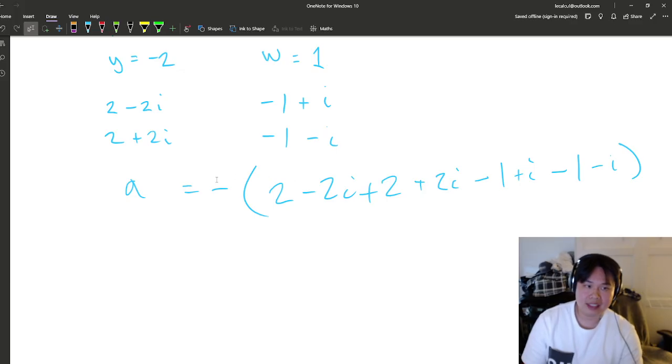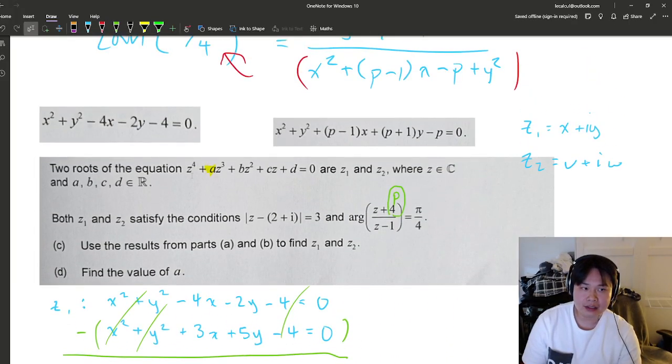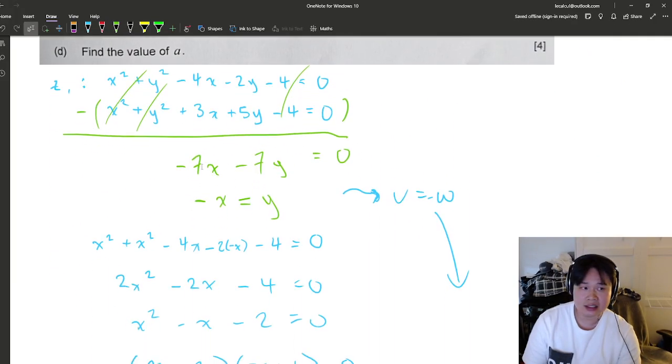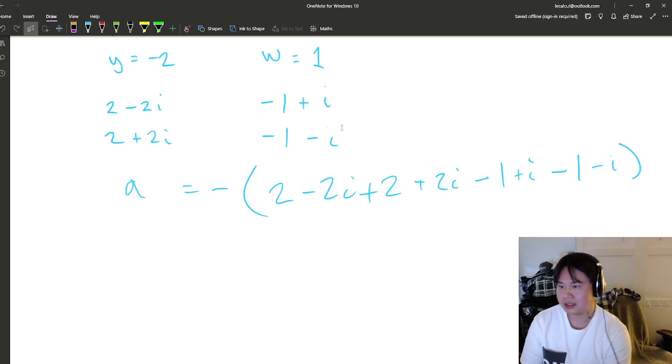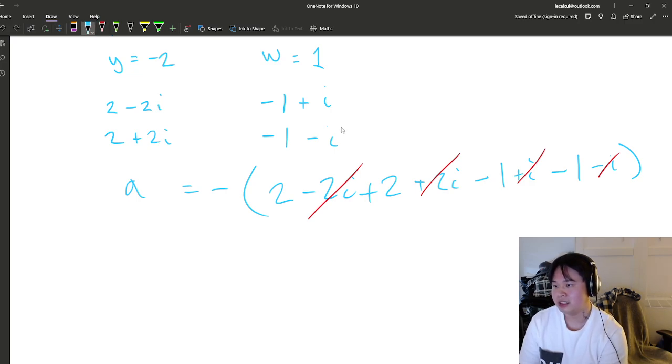The second coefficient is the negative sum of all of our roots. All of our imaginary parts cancel. So we are left with 2 plus 2 minus 1 minus 1, which is 2.